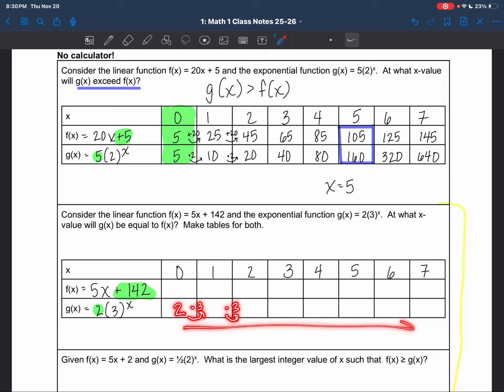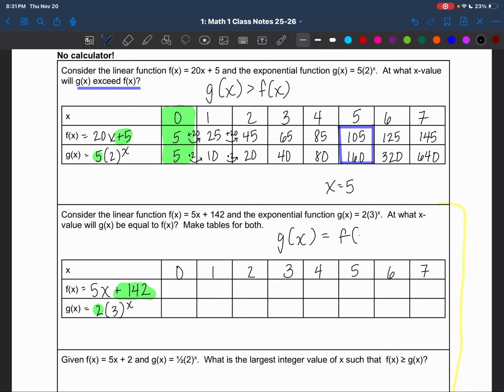So go ahead, finish the patterns, and then it says, at what x value will g of x be equal to f of x. So that's what you're looking for. All right, it's your turn to try this one.